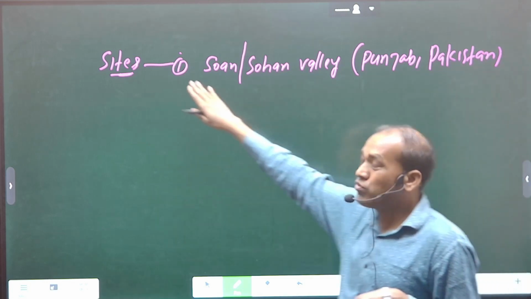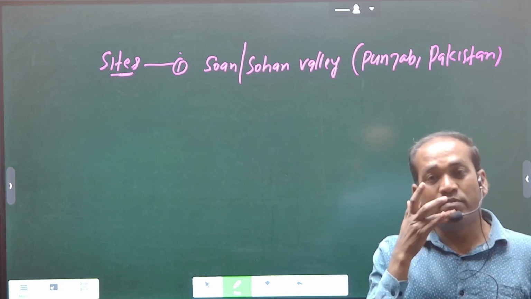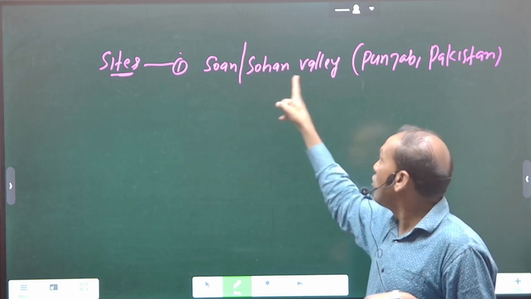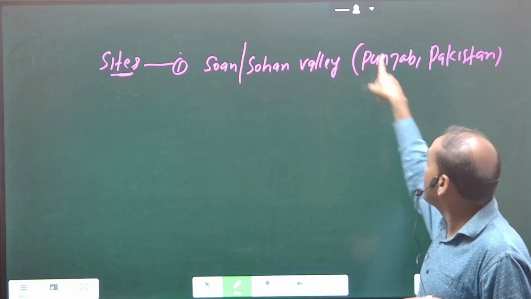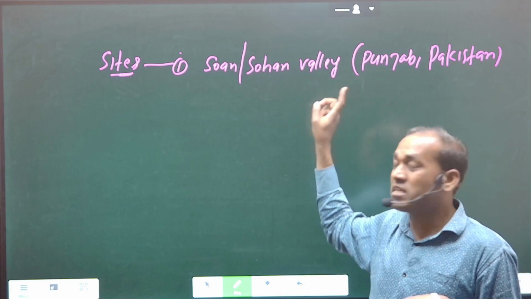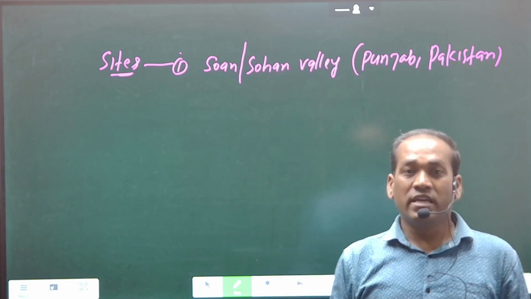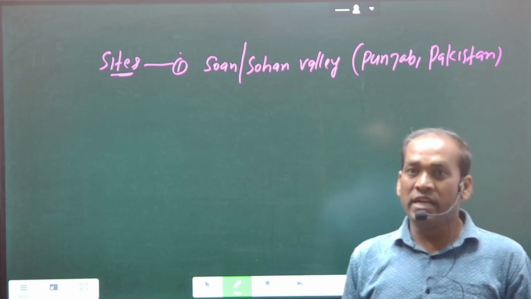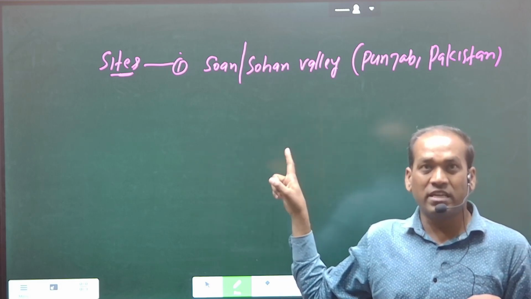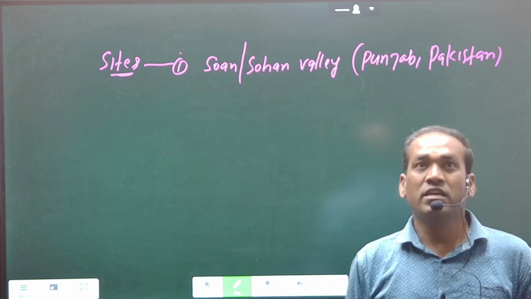So related to the Paleolithic age, we have some sites. So one site is Soan or Sohan Valley, which is located in Punjab, Pakistan. So from this site we have discovered a lot of things related to lower Paleolithic age people, related to the people of lower Paleolithic age.